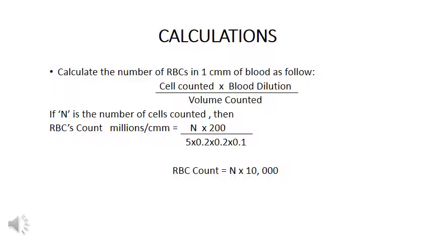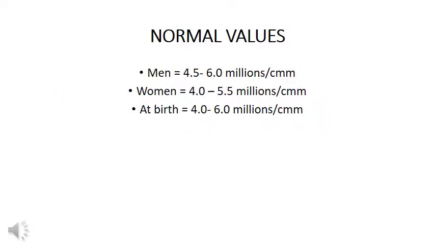So after proper calculation and proper counting, we can calculate the number of RBCs in a blood sample through this method. Please keep in mind the unit will be per cubic millimeter.